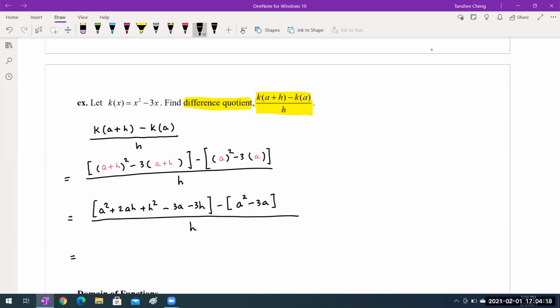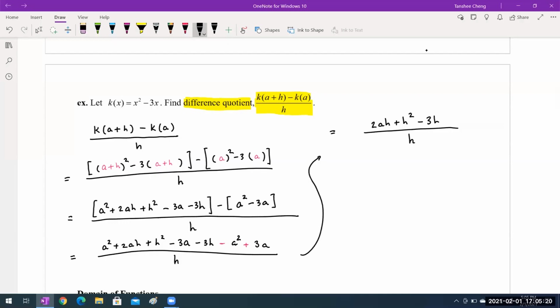Now let's distribute this negative into the second grouping symbol and then combine like terms. When you distribute a negative into the second grouping symbol, that becomes negative a squared plus 3a. Combining like terms, a squared and negative a squared become 0, and negative 3a plus 3a becomes 0, which results in 2ah plus h squared minus 3h.